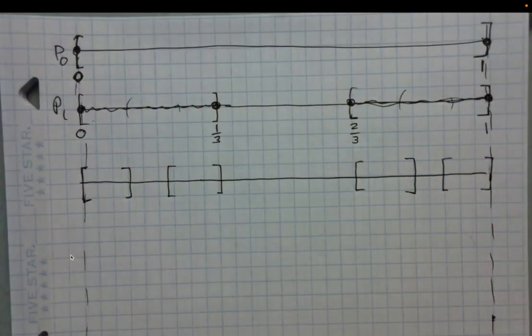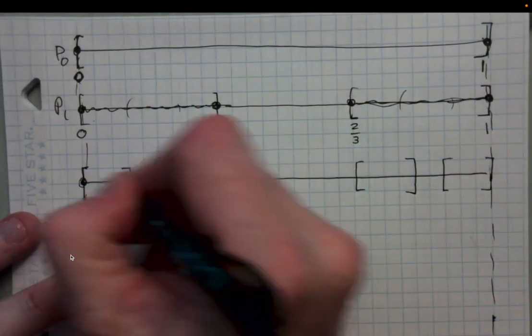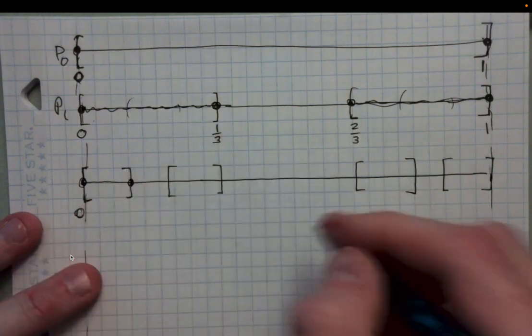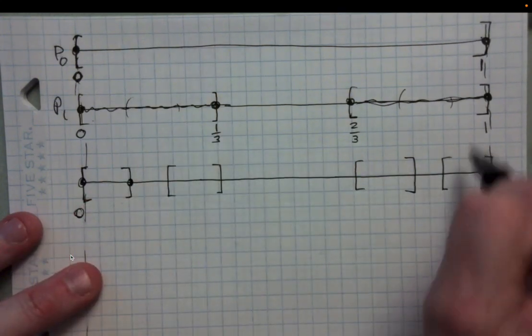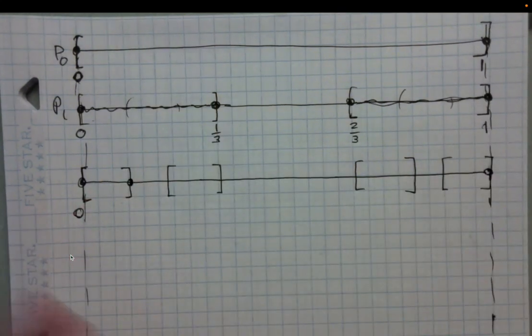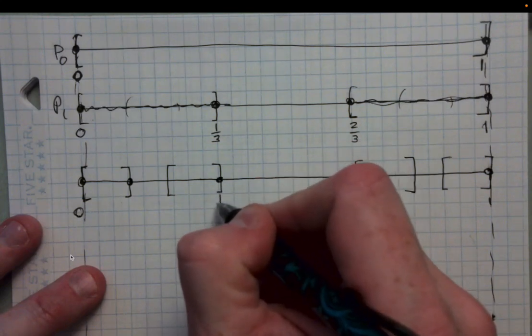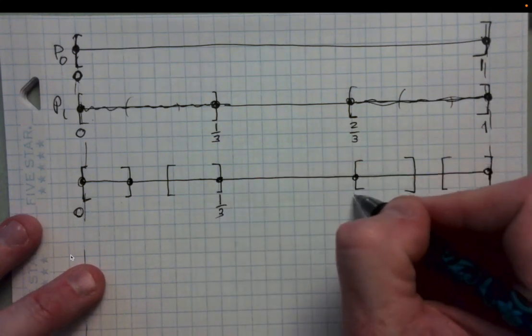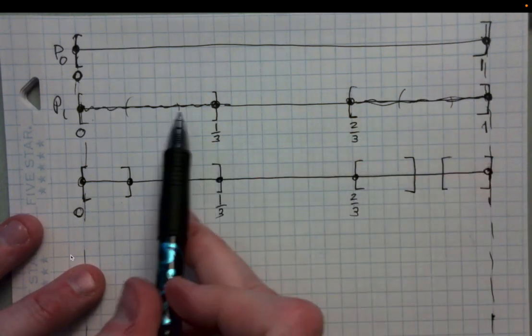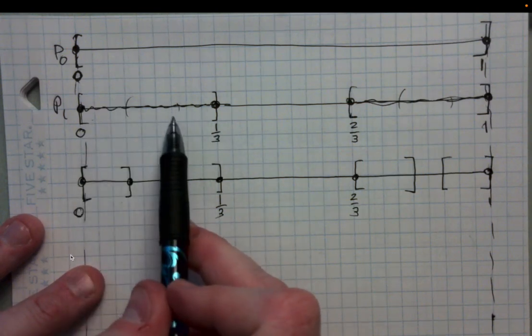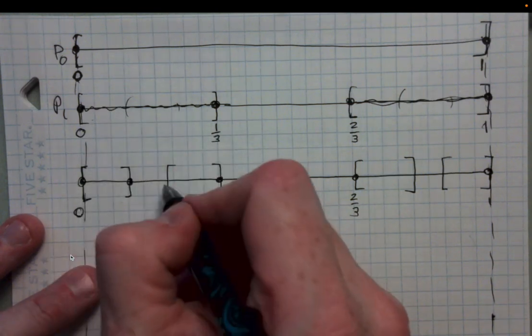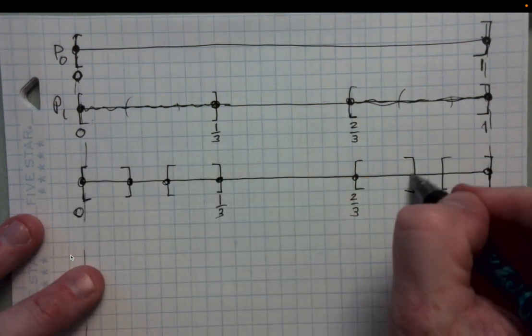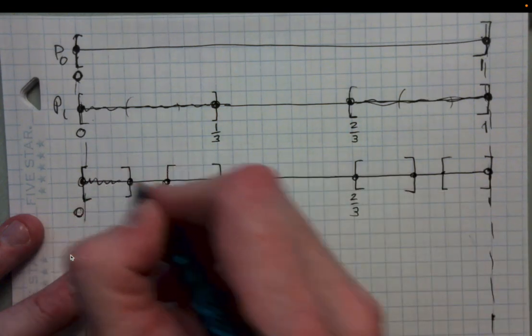I've got this endpoint still there, 0 still there, and 1 is still there. 1 sticks around forever, and so does 0. 1/3 we keep again, and 2/3 is still there. But in between these two, we cut out a section. And so now we've got these intervals.